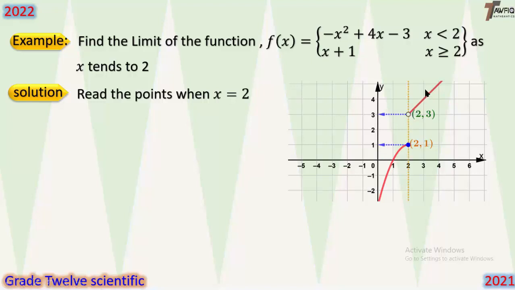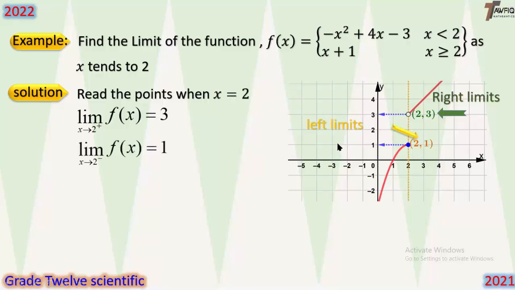This one gives us the right limit, therefore the right limit is 3, and this one gives us the left limit, therefore the left limit is 1. Because 3 is not equal to 1, the right limit is not equal to the left limit and the limit does not exist.